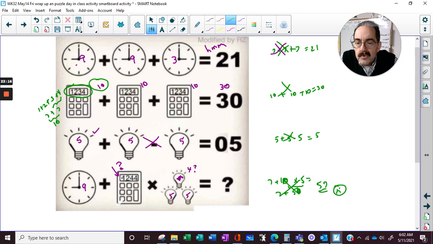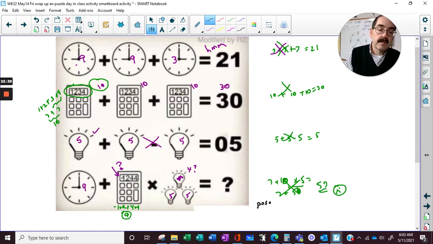If that's true, then this is negative 1 plus 2 plus 4 plus 4. 4 plus 4 is 8, plus 2 is 10, minus 1 is 9. So, possible answer.